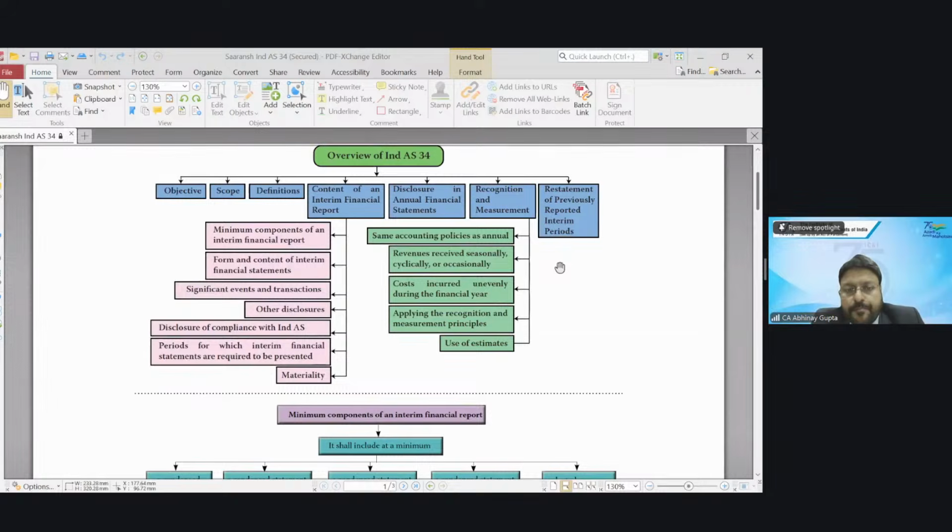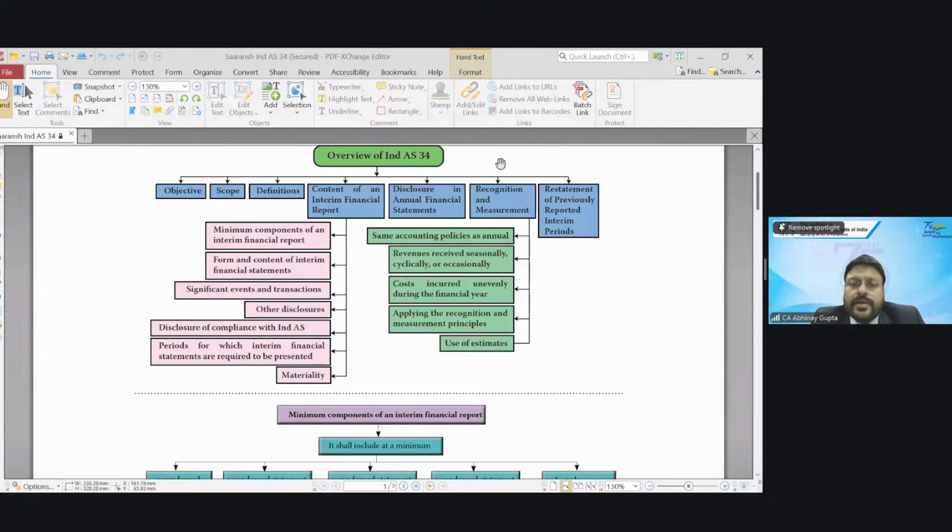Expected credit loss is an estimate, right? Provisions are the estimates, right? So provisions, expected credit loss, inventory obsolescence provisions, deferred taxes, or gratuity, leave encashment provisions, all these provisions are estimates only based on certain assumptions, right?